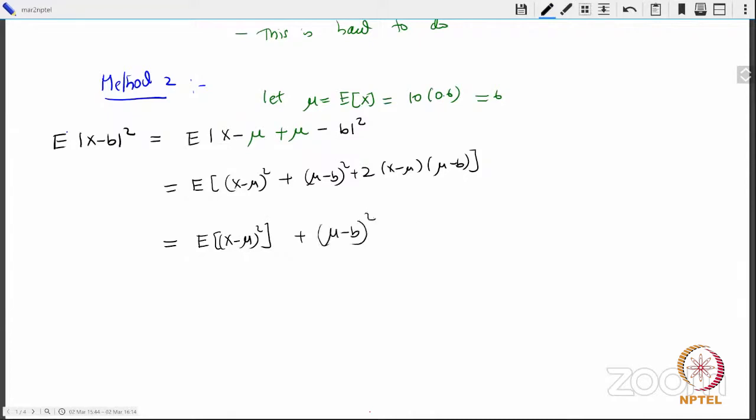It's constant, because the expectation is across X, so 2 and mu minus b are constant. These come out as the outside expression. And for the third term, what you do is you put 2 and (mu minus b) outside. It's a constant that comes out.